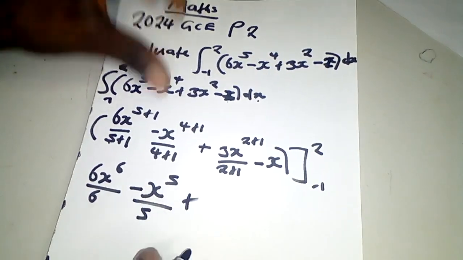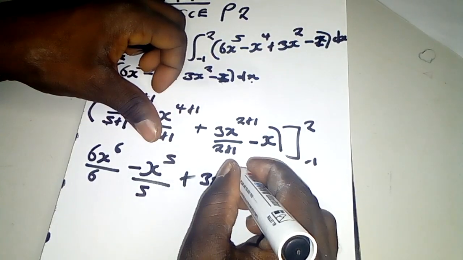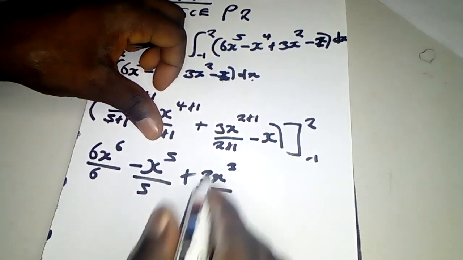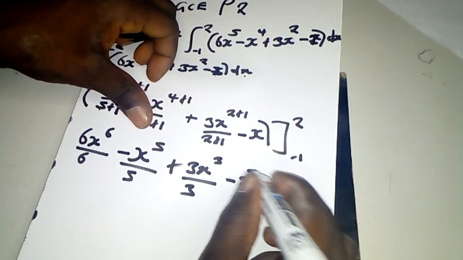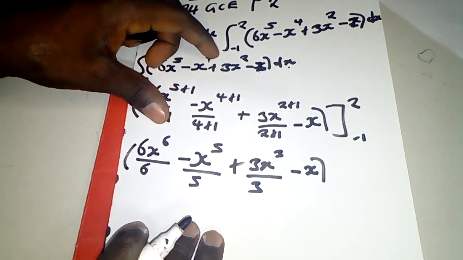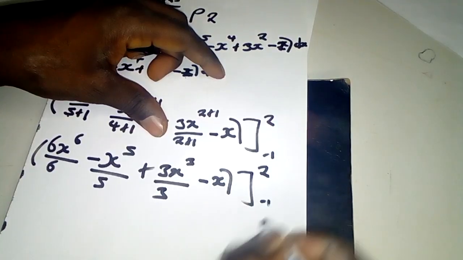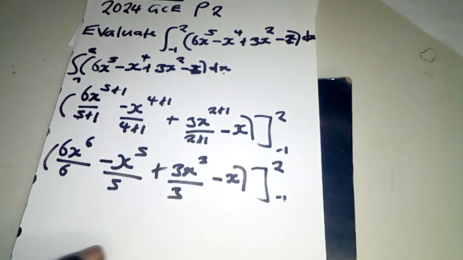Then plus here 3x, 2 plus 1 will get a 3 divided by 2 plus 1 will also get a 3, minus here write x, then put this in brackets. So we write the limits, that is a 2 and -1.